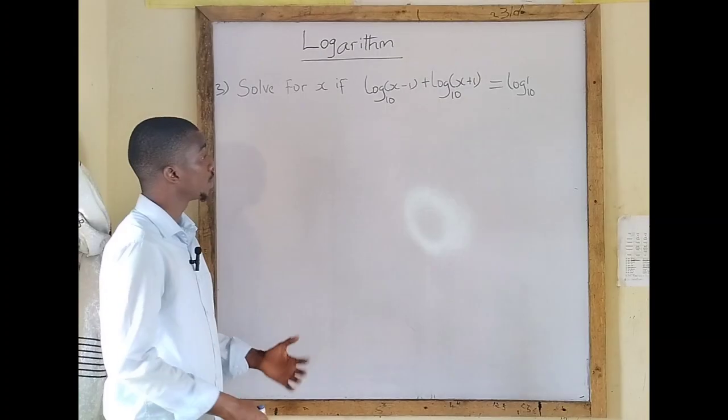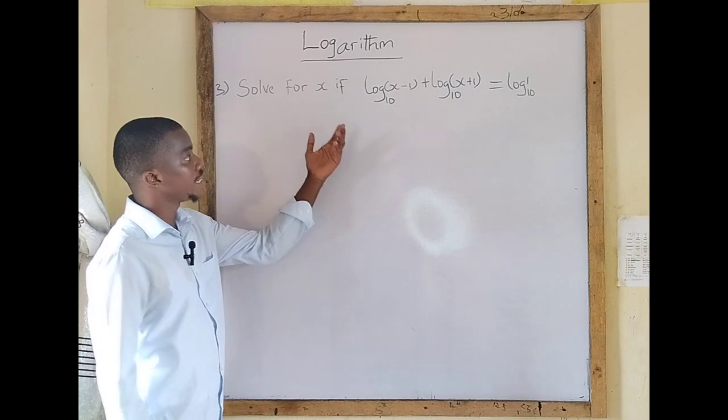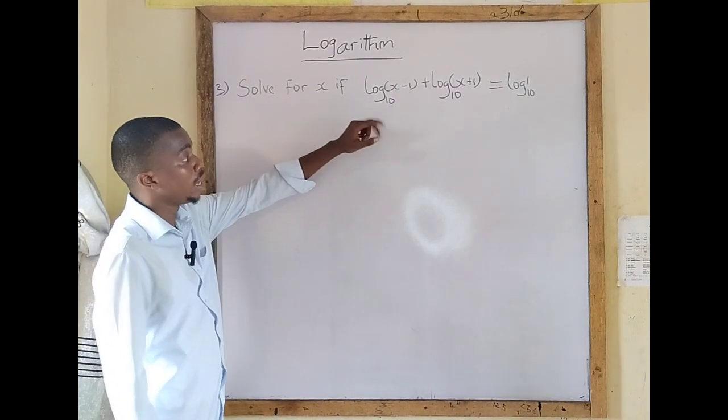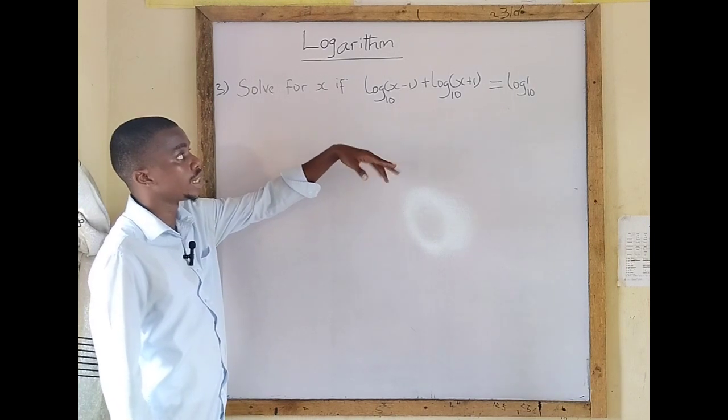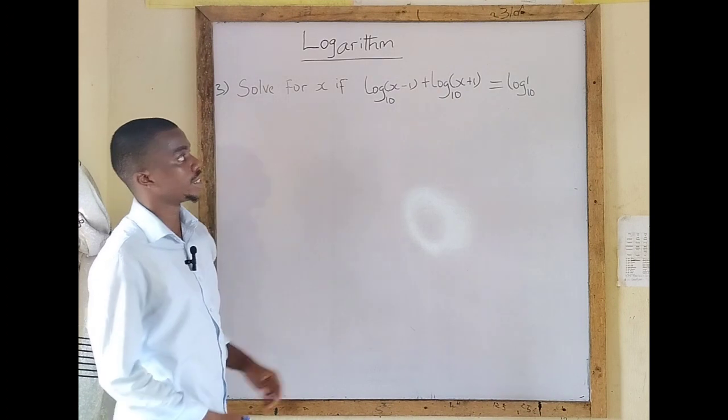We go to the next question, which says solve for x if log(x - 1) base 10 plus log(x + 1) base 10 is equal to log 1 base 10.